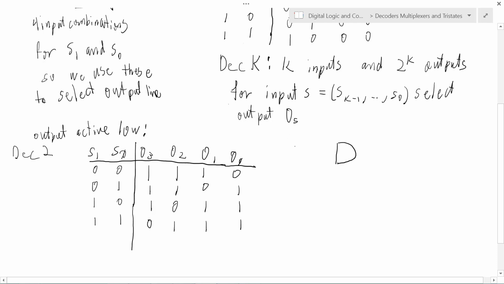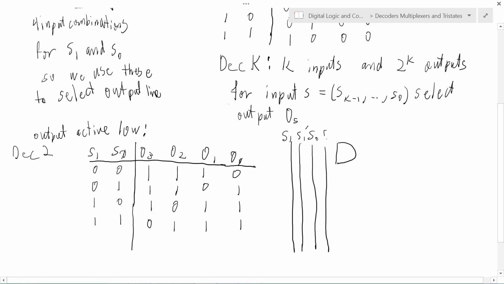So let's do a decoder 2 in digital logic. Say we have S1, S1 prime, S0, S0 prime.